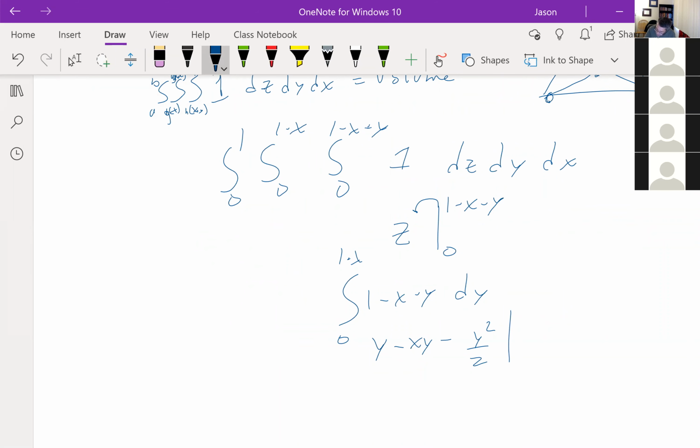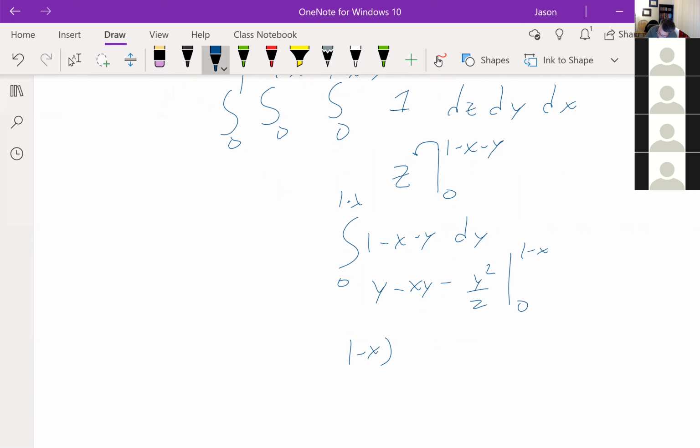Then plug in 0 to 1 minus x: this is 1 minus x times 1 minus x, minus 1/2 times 1 minus x squared. Then we integrate that on x, dx.